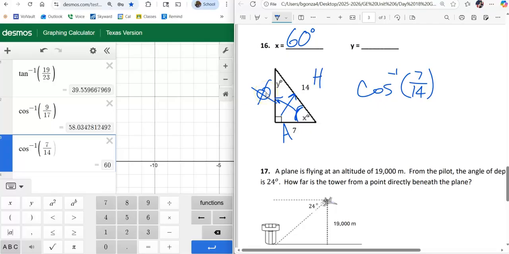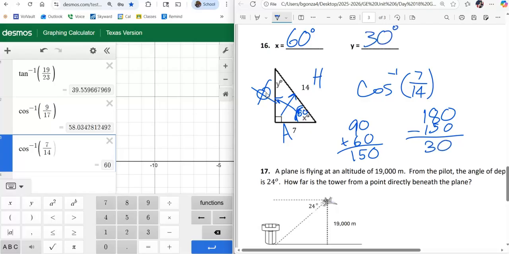Now, if X is 60 degrees and this is 90, can't you figure out why? Like, you could do 90 plus 60 is what? 150? And the three angles have to add up to 180. So you subtract 150 from 180 and you get 30, right? 30 degrees.